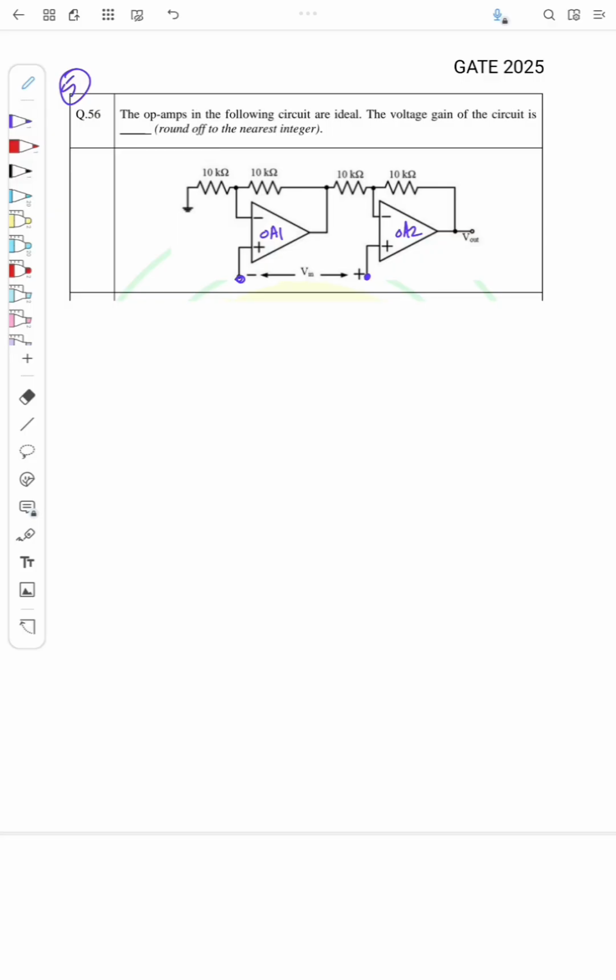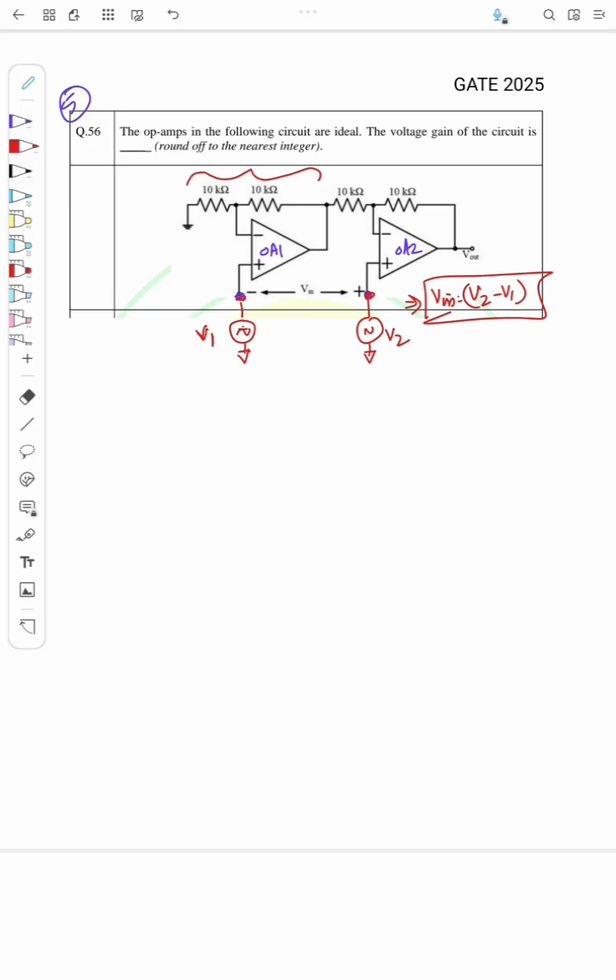What I will do, I will say there is a source here V1 and say there is a source here V2. So from here, what is Vin? Vin is equal to this node voltage minus this node, so Vin equal to V2 minus V1. So it will be easy for us to solve. Okay, if this voltage is V1, if you see here, this is actually a non-inverting amplifier, right, with the input voltage V1.